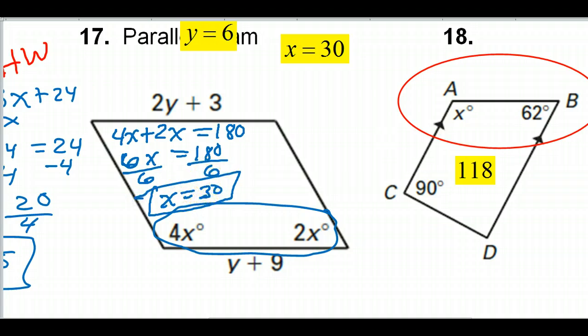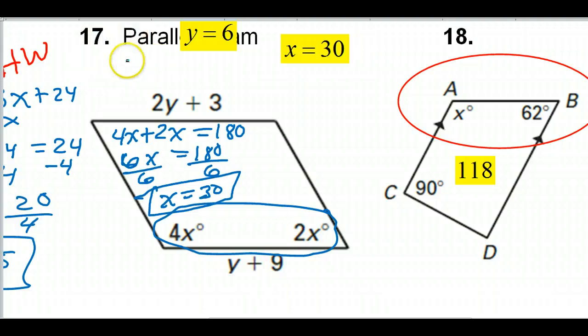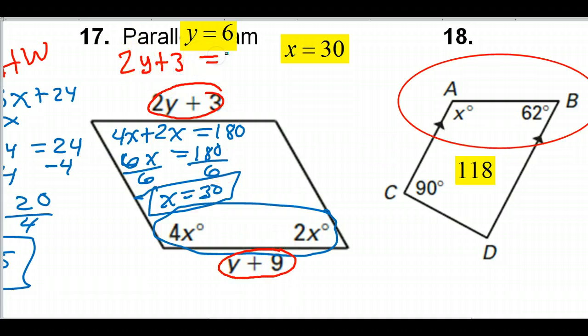How am I going to get the y's? Yeah, the y's will be equal to each other because these are just opposite sides. Mr. Burton, I have a question. Yes, sir. Because it says that that's a parallelogram, do you automatically assume that all of those sides are congruent? Is that true for every parallelogram that all 4 sides are congruent? All it said was parallelogram.